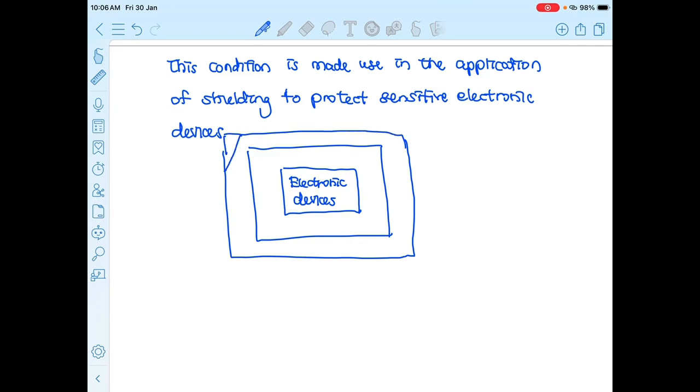You can roughly shade it to show that this is another material, a conductor, so the EM wave cannot go in.